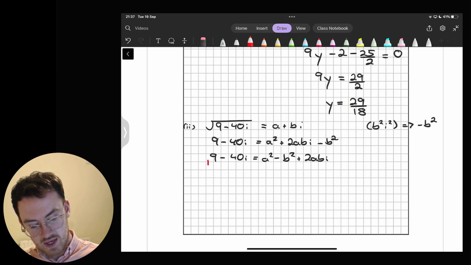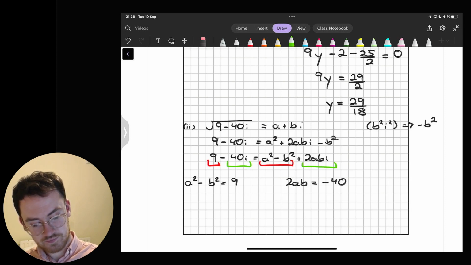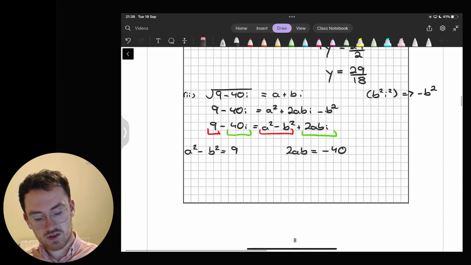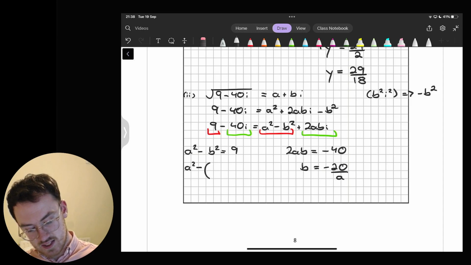So let's just compare real parts first of all. So we would get a squared minus b squared equals 9, and we would get 2ab being equal to minus 40 when we compare the imaginary parts. So let's work out those values. If we find a value for b, we could call it minus 20 over a, and we could then sub that in for b here.